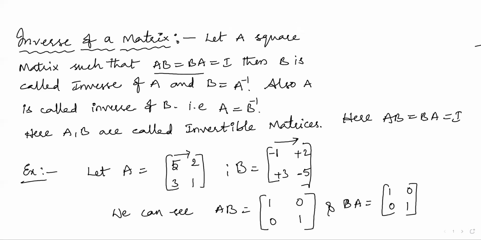Understand? But the question is whether, for every matrix, the inverse exists or not. Here A and B are called invertible, which itself says that for every matrix, an inverse may not exist. If it exists, then it is invertible.